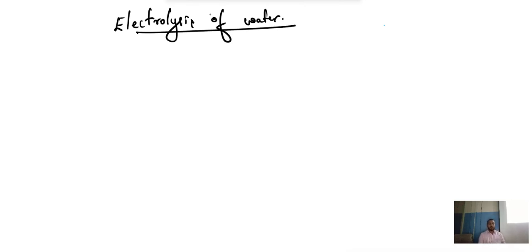Now, how to draw the diagram of electrolysis of water in a minute? First, draw the shape of a beaker. And this is the handle. Then we are going to use two test tubes.